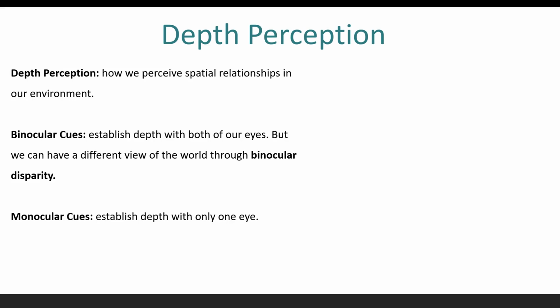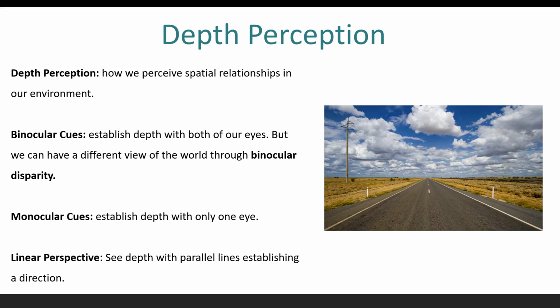And then we also have monocular cues, which establish depth with only one eye. And so if we only look at one eye, we might lose part of our vision.